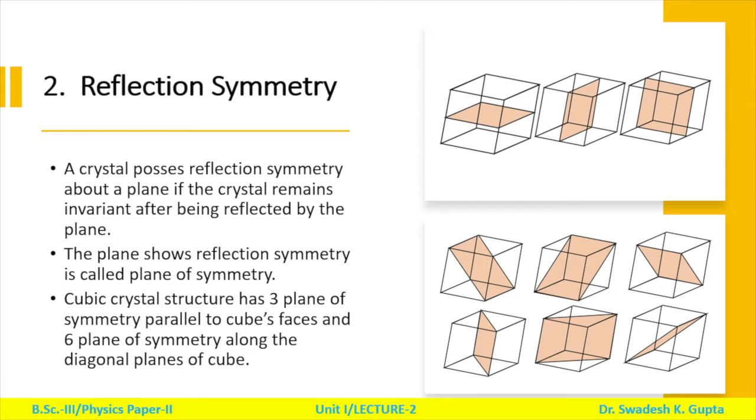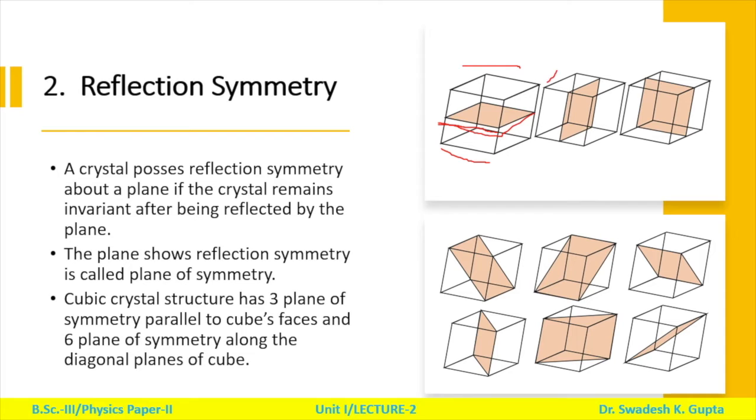A crystal possesses reflection symmetry about a plane if the crystal remains invariant after being reflected by the plane. Here you can see in the cubic crystal there is a center plane and it is a plane of symmetry because the reflection of the lower plane is the upper plane.